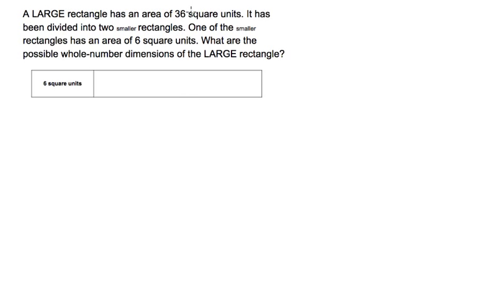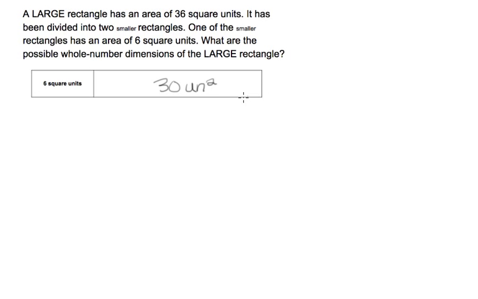Well, 36 minus 6 is 30. So I know for a fact that this rectangle right here has to be 30 square units.